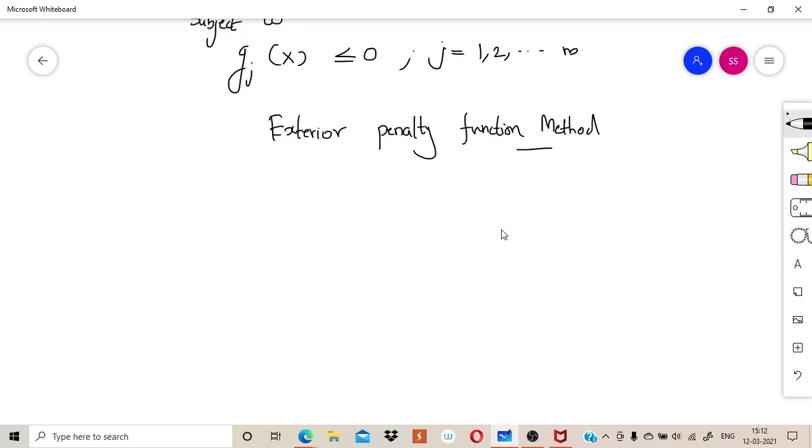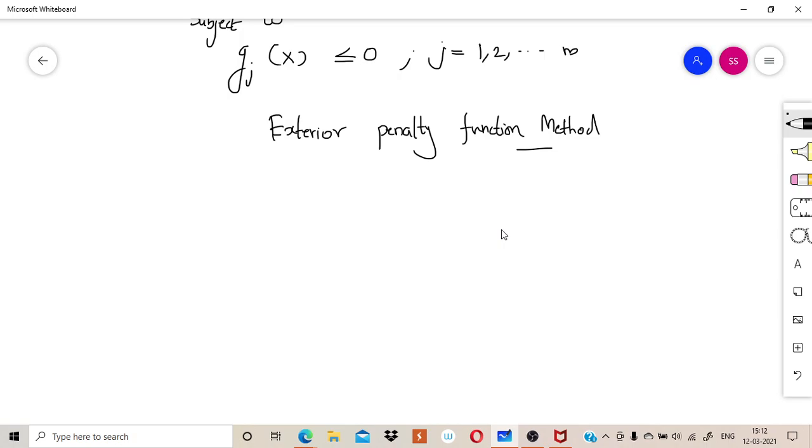Actually, this CPP is a special problem of constrained nonlinear programming problems. So we can use this exterior penalty function method for solving this CPP also.